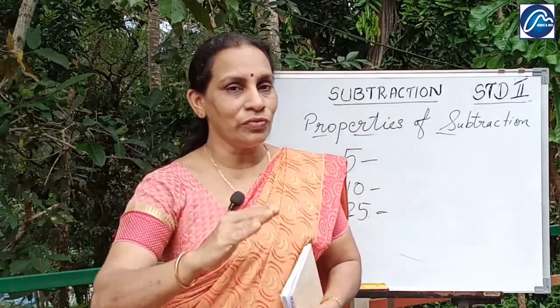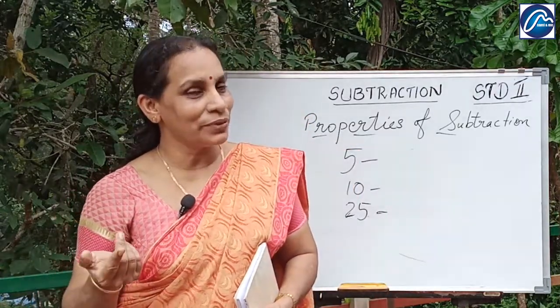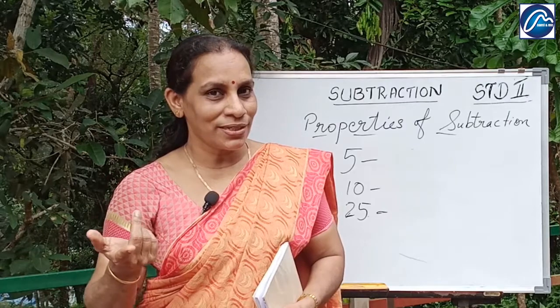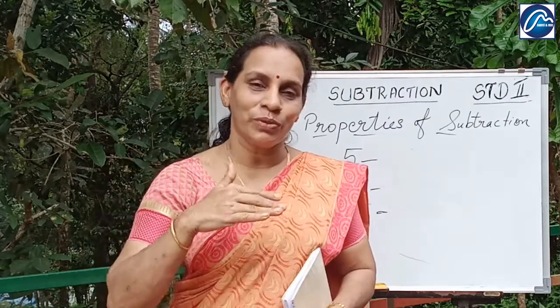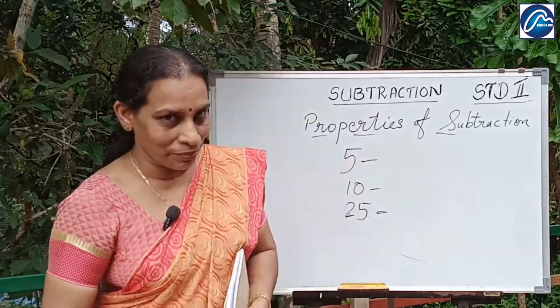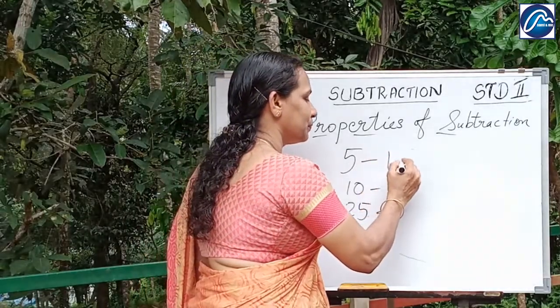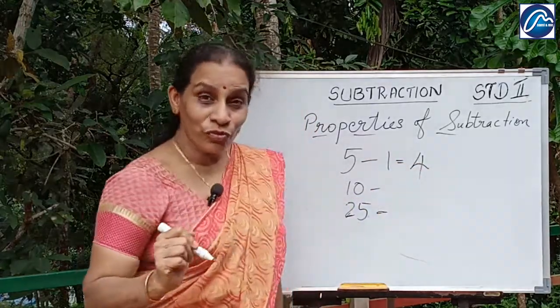When you are adding 1, you will get the next number. But when you are subtracting 1, you will get the number before, the predecessor. That is called the predecessor. For example, 5 minus 1 is 4.